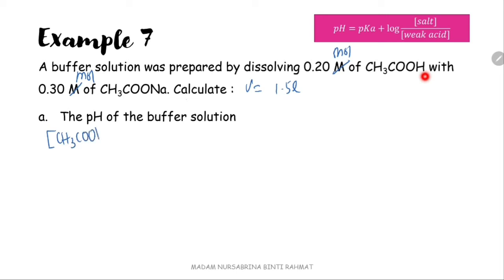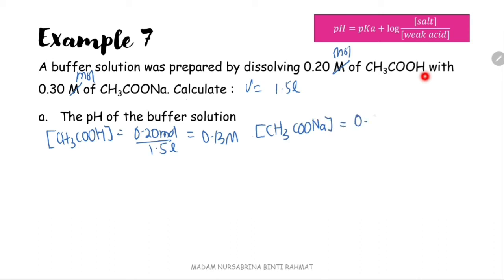Your weak acid concentration is simply 0.20 mole divided by 1.5 liters, so you will get 0.13 molar. For your CH3COONa, which is your sodium ethanoate, 0.30 mole divided by 1.5 liters, you will get 0.20 molar.